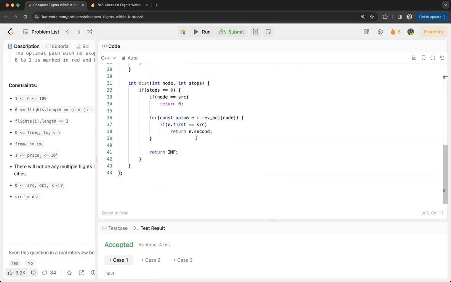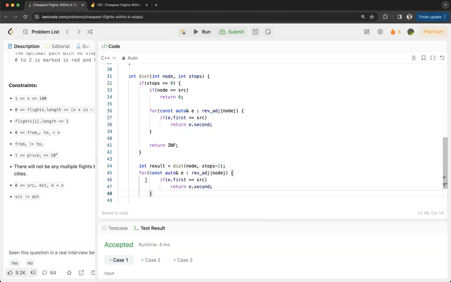Okay, now let's go here and solve the rest of it. So this is the base. This is solving this problem, node and stops minus 1, and then we can do another for loop over the reverse adjacency list. Sorry, this is not e.